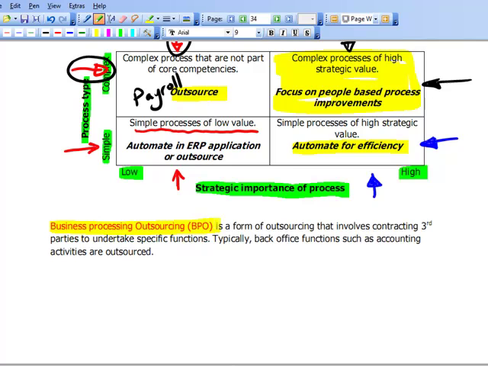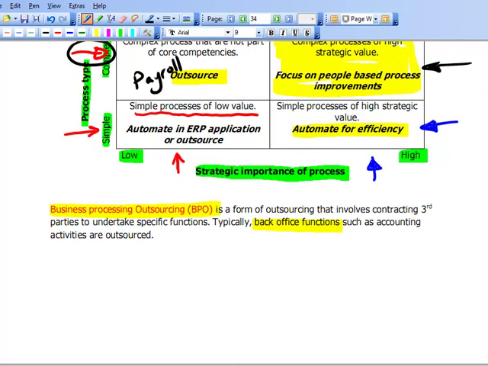Now, as the notes say, this is a form of outsourcing that involves contracting third parties to undertake specific functions. So we are outsourcing, we're giving to a third party the requirement that they process our business processes. Now, typically what we have here, various back office functions, accounting activities, etc.